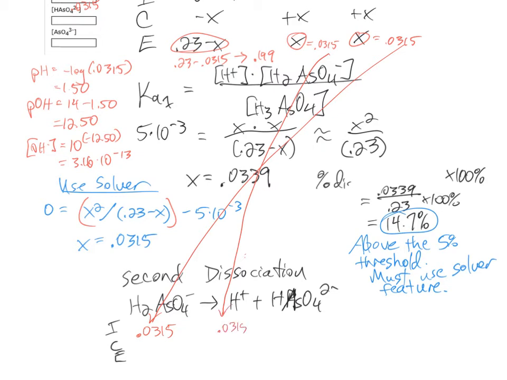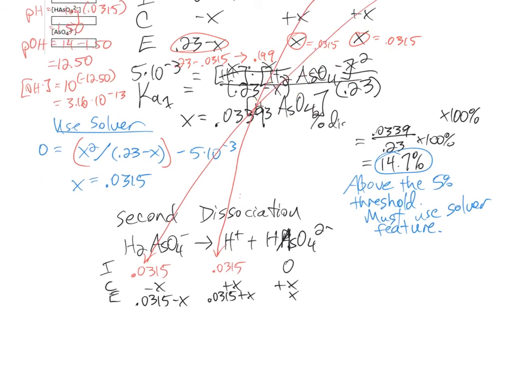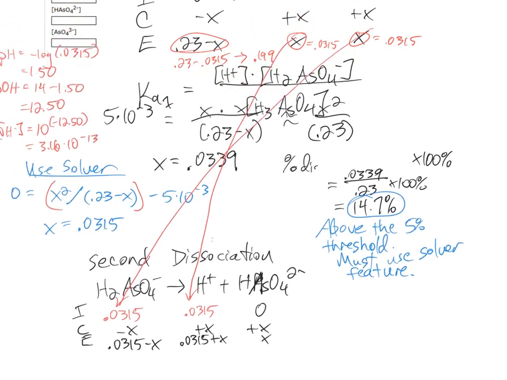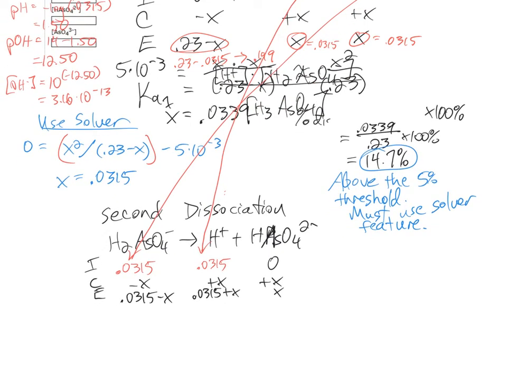We already know that we had 0.0315 concentration for both H2ASO4 minus and H+, and those will be the initial concentrations in the second ice table. We still have a 0. HASO4 2 minus still has a 0 concentration. We'll shift to the zeros, so plus x is on the right side of the equation and a minus x on the left side. And we can continue solving this ice table just like the others.